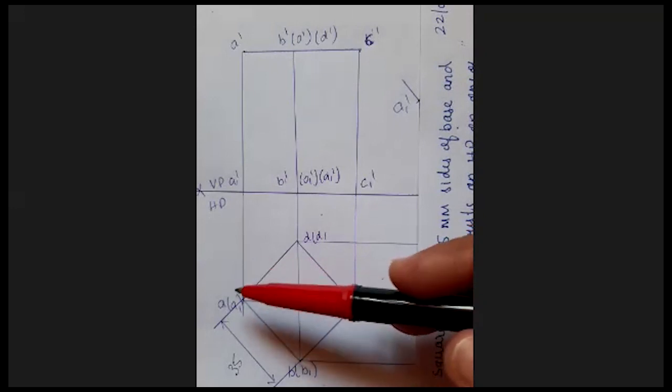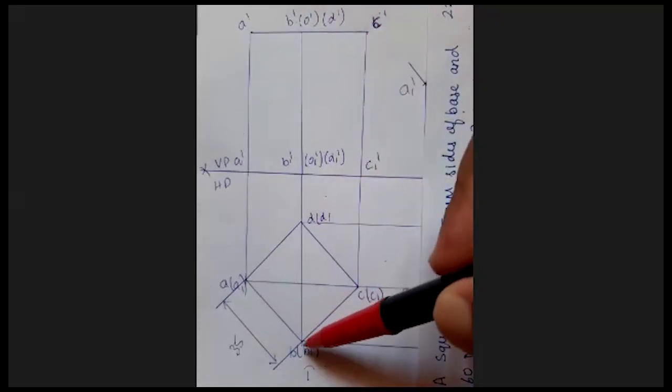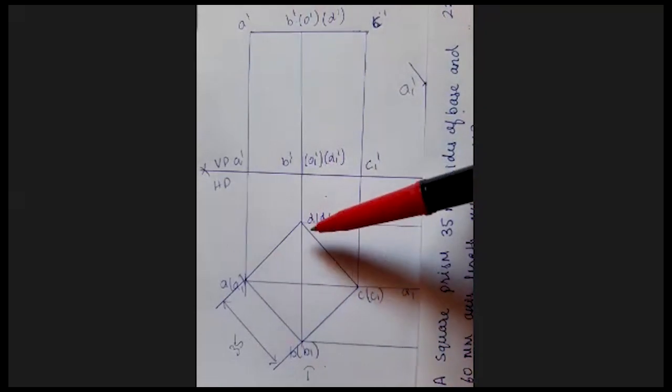I name it A1 in the bracket, B, B1 in the bracket, C, C1 in the bracket, D, D1 in the bracket. When I see it from this end, I can see point B, I can see point C as well as point A. So it is A dash here, then B dash here, and C dash here. Then I cannot see point D, so point D dash is in the bracket.